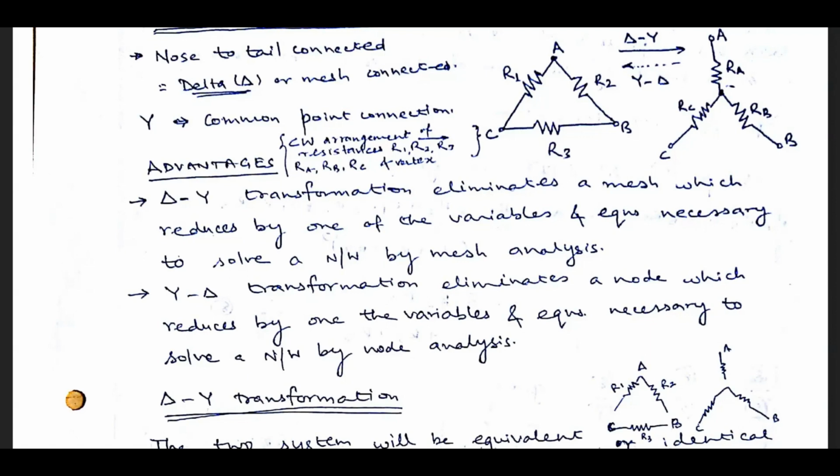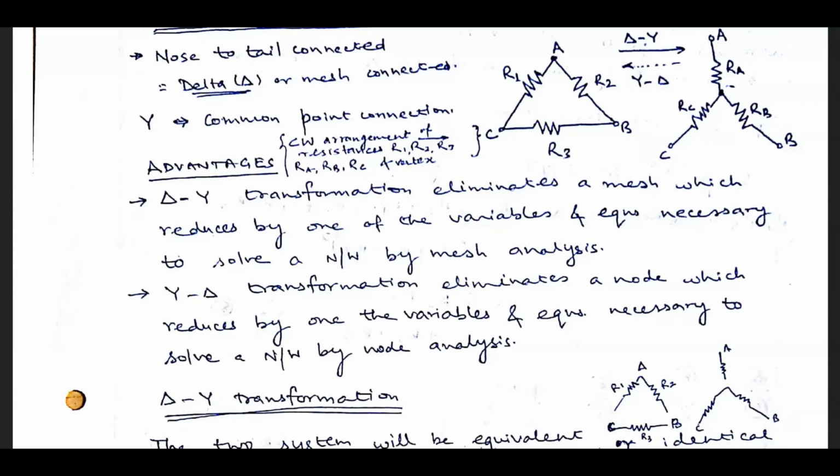Okay. Similarly, in the star connection, the external nodes, we are not talking about the common node, we are talking about the external nodes, are given as A, B, C, and again these follow the cyclic or clockwise notation.